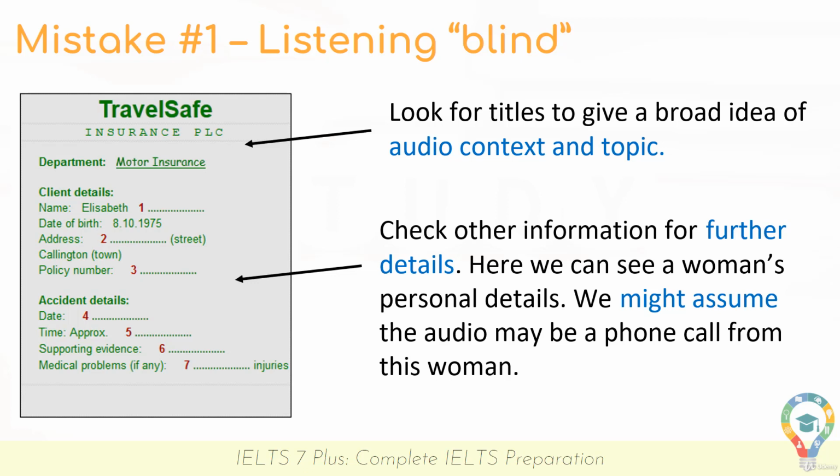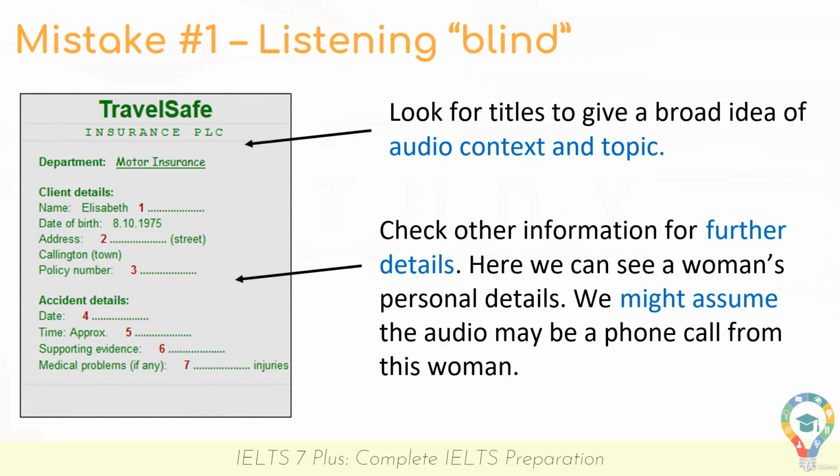In the client details on this question, I can see a name, Elizabeth, and a date of birth, and some other personal information. I'm starting to think that the audio may be based around a phone call from this lady called Elizabeth. It could be that she's going to be asking for insurance on her car.